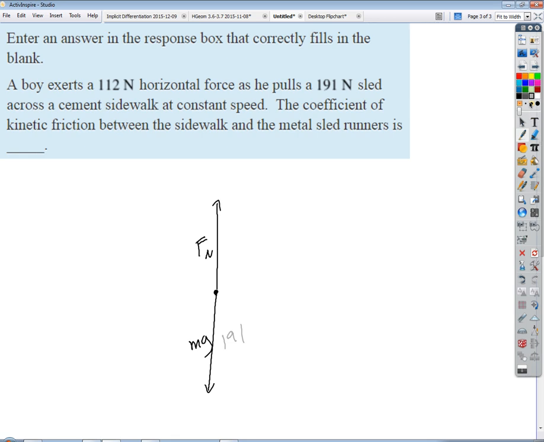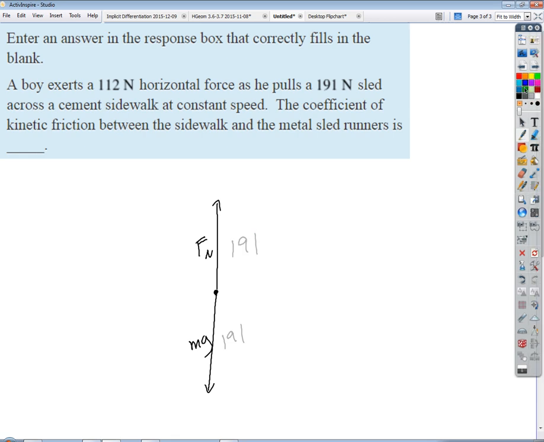Yeah, 191. How come? Constant speed. Okay, and even if it were accelerating horizontally, is it accelerating vertically? No, we're not observing that sled to accelerate into the pavement, right? That'd be a little weird. We're not observing it to spontaneously accelerate vertically into the air either. It's staying in contact with the level ground, right? So we know that those two are equal and opposite.